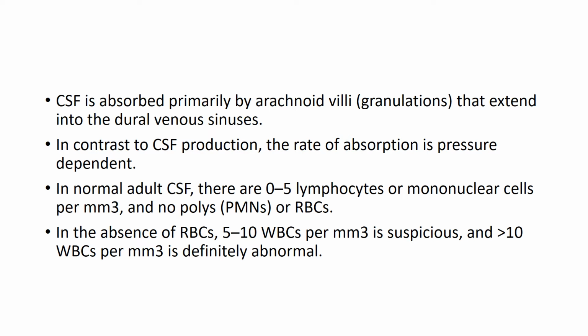If there are any polymorphonuclear cells, this is abnormal. If there are more than 10 lymphocytes, this is abnormal. If there are 5 to 10 lymphocytes, this is suspicious that something is wrong, most likely an infection.